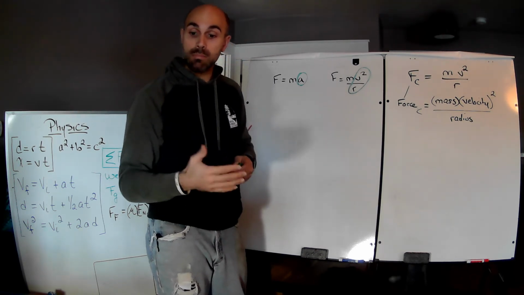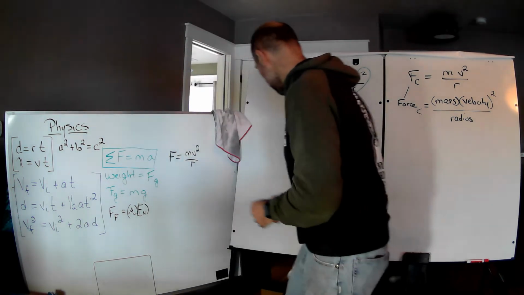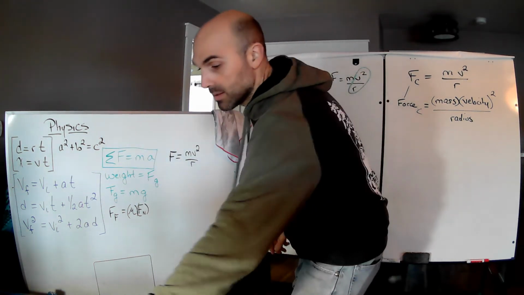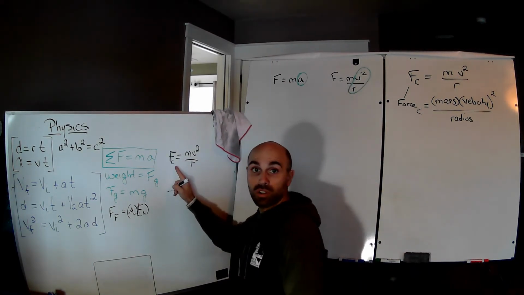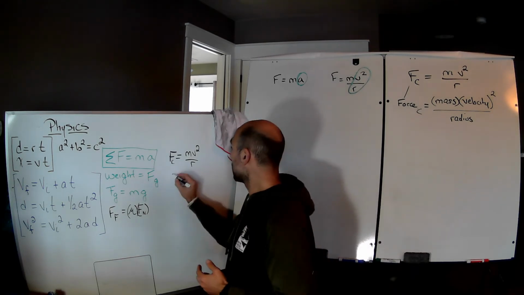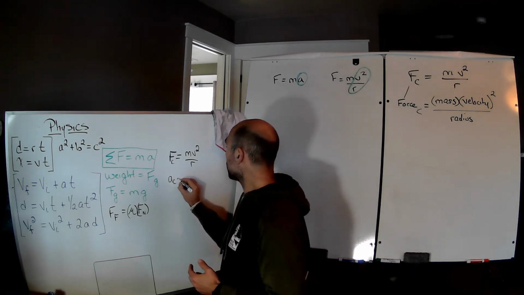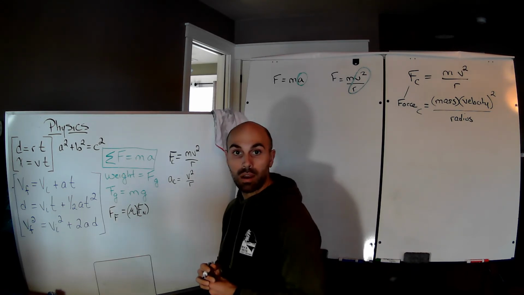So from there we can make yet another relationship that we can write over here at the equation board. This was F of c for circular motion. So now we're going to go to the acceleration, the circular acceleration. a of c equals v squared over r.